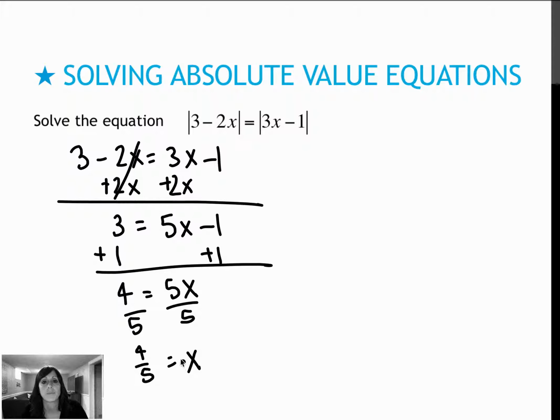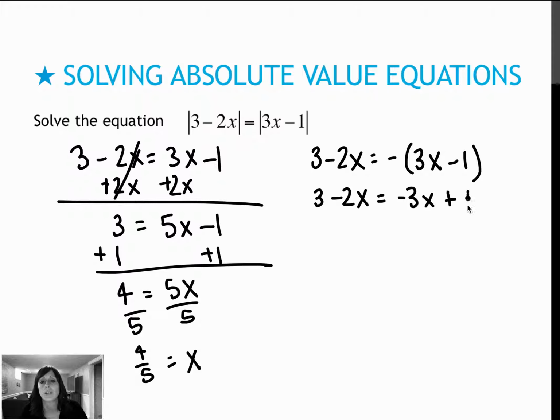For my second example, 3 minus 2x equals negative, parenthesis, 3x minus 1, so I have to distribute the negative. So that's 3 minus 2x equals negative 3x plus 1 when I distribute. Negative times a negative gave me a positive.